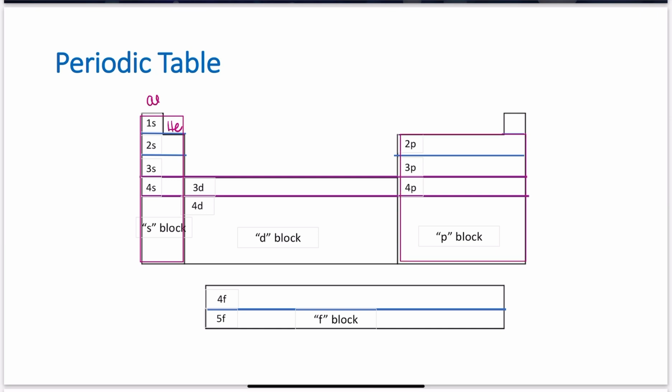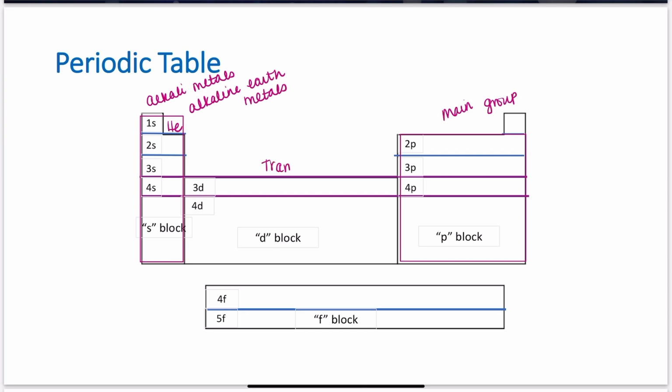Your P block, you can see here. So your S block contains your alkali metals and your alkaline earth metals. Your P block is your other main group elements, including your noble gases, your halogens, oxygen's family, nitrogen's family, carbon's family, boron's family, all of that.